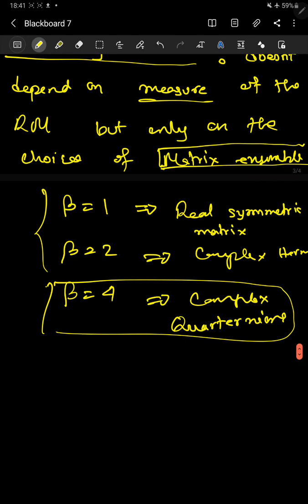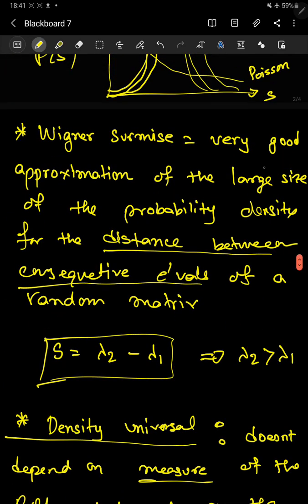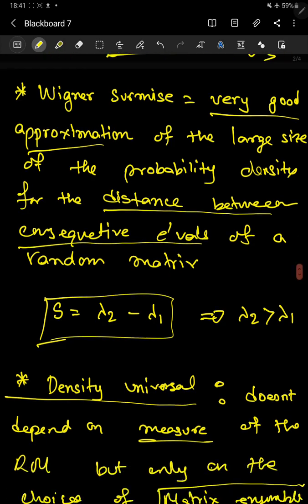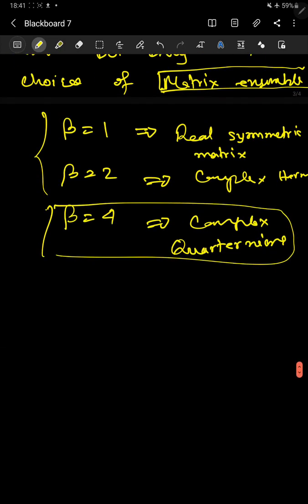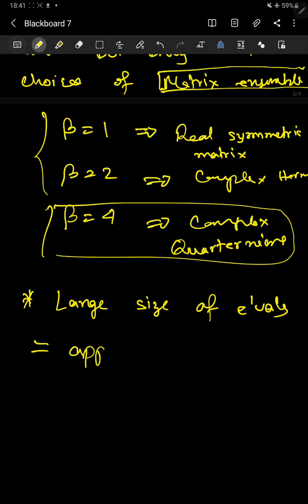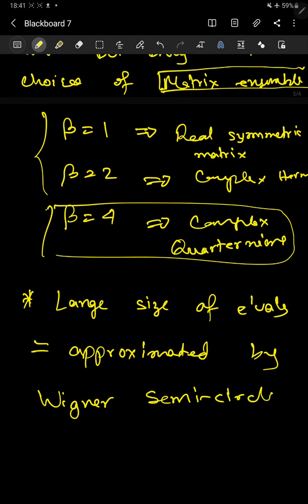Nevertheless, the important thing to notice is that the Wigner surmise is a very good approximation of the distance between consecutive eigenvalues, not the distribution of eigenvalues. Because if you remember the eigenvalue distribution, we saw a glimpse of it. So large size of eigenvalues, if you remember from the last video, were approximated by the Wigner semicircle law.